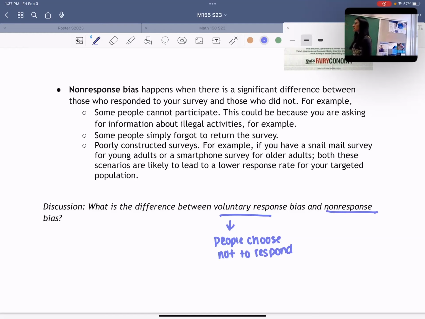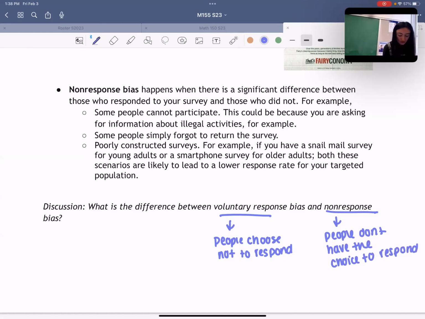They're either doing something illegal and they don't want to say it, so they don't have a choice that way, or they don't have a phone, or they don't have a PO box, or they don't have a mailbox. So they literally cannot respond because they don't have the choice. So people don't have the choice to respond.